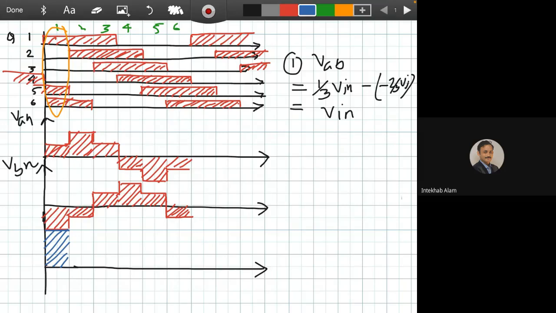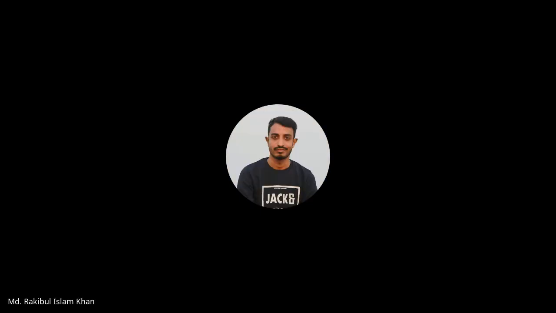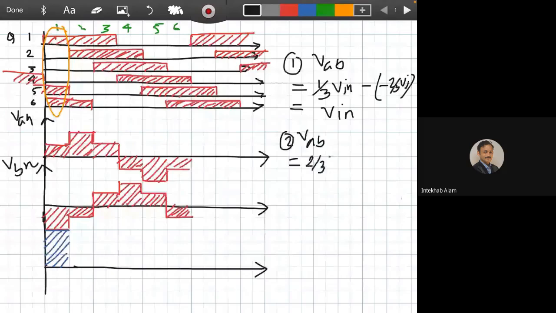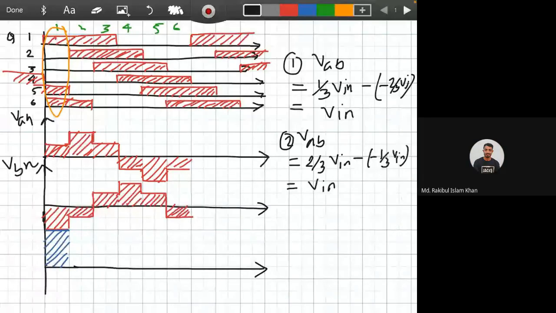So in mode 2, VAB equals 2/3 of VIN minus 1/3 of VIN. So this value is 1/3 VIN. Do you agree? Yes, sir. Okay, good.